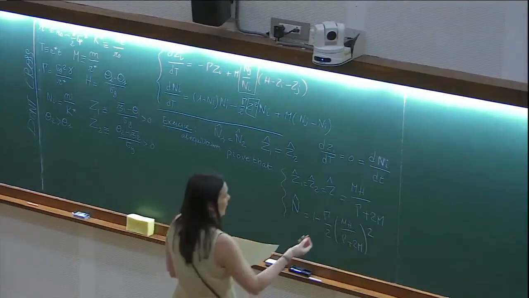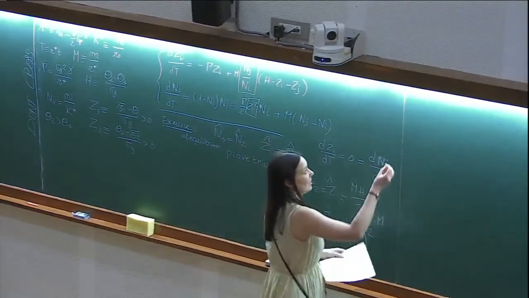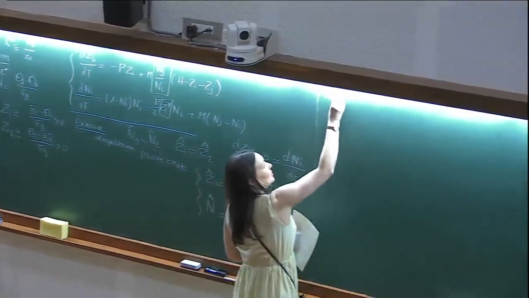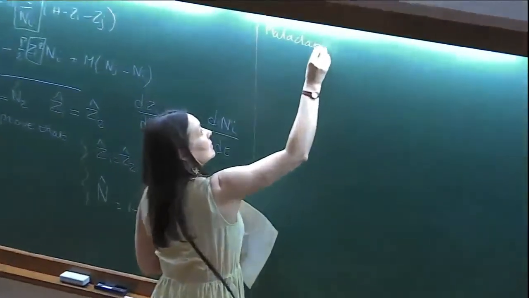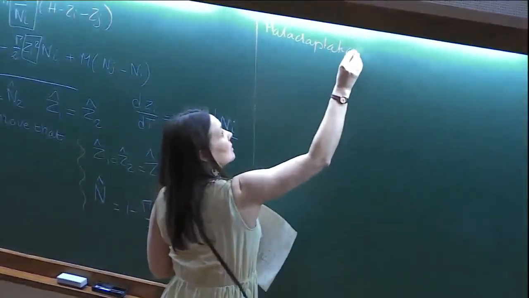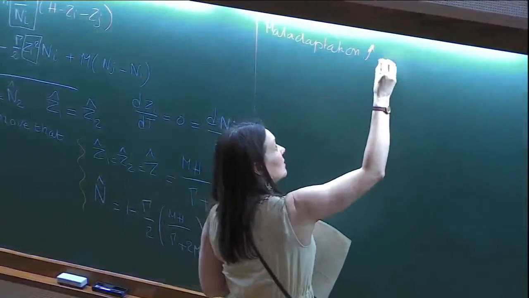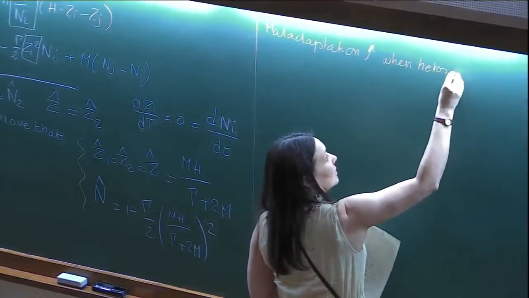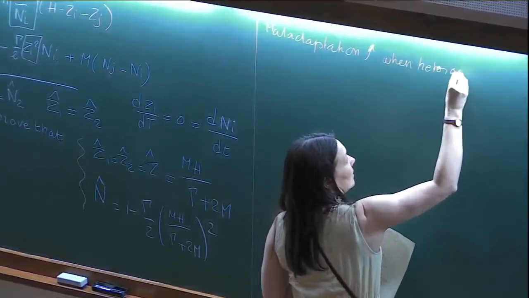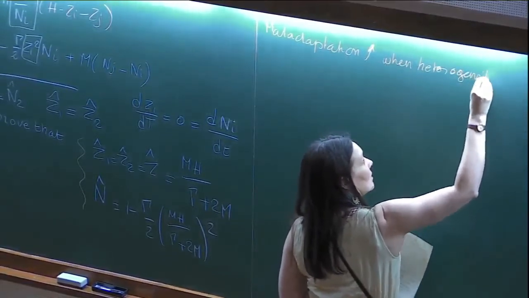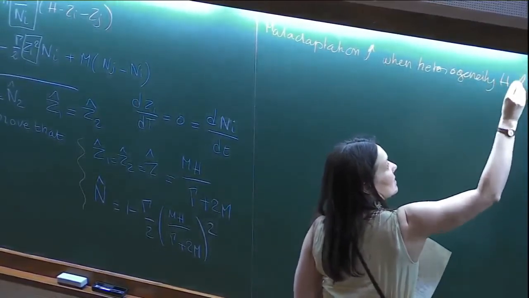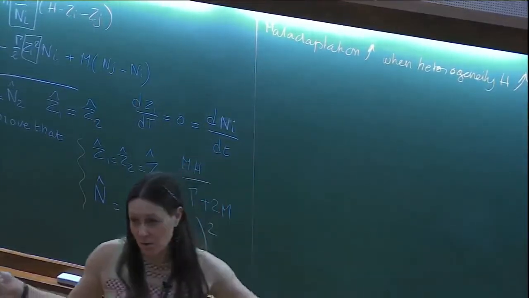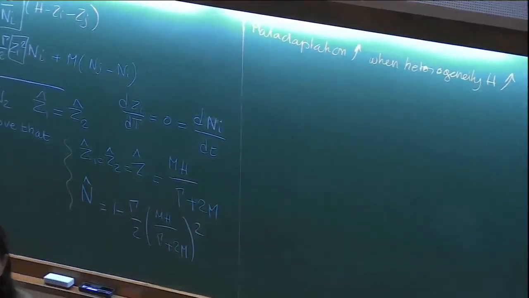So the first result is that maladaptation increases when heterogeneity increases. If there's a larger distance between the two optima, then you've got more maladaptation in each patch. It's pretty trivial.